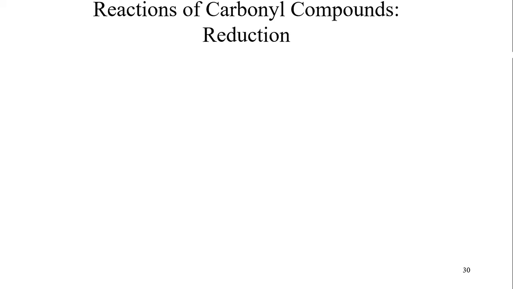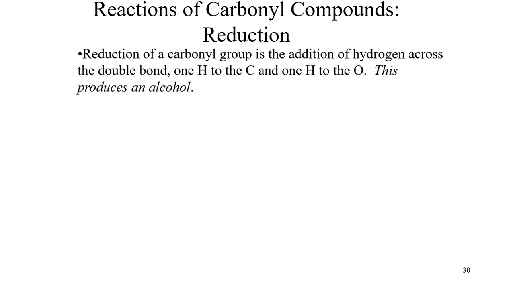Another possibility, because carbonyl compounds stand in the middle of that sequence of progressive oxidations, is to go backwards and undergo a reduction reaction. When you think of reduction, one way of looking at it is as if you're adding hydrogens across a double bond.